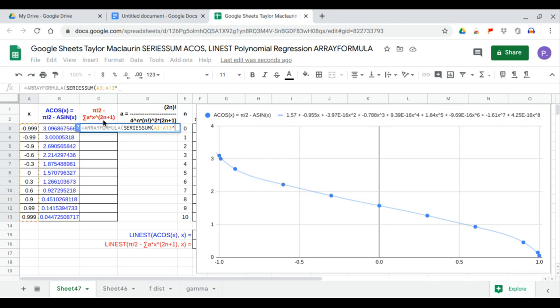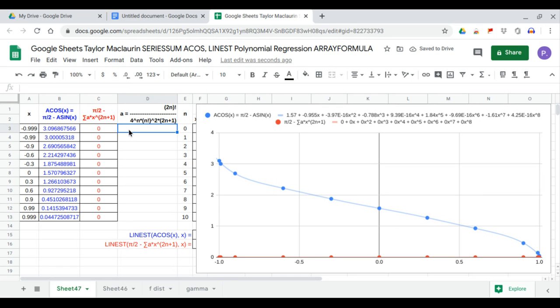So 2 times 0 plus 1, which is 1. That's the starting power. And the interval will be 2 times 1 plus 1, it's 3. 2 times 2 plus 1 is 5. So 1, 3, 5, 7, 9. So the interval is 2. And the coefficient will be this range.